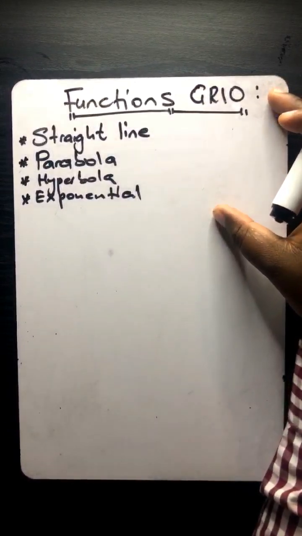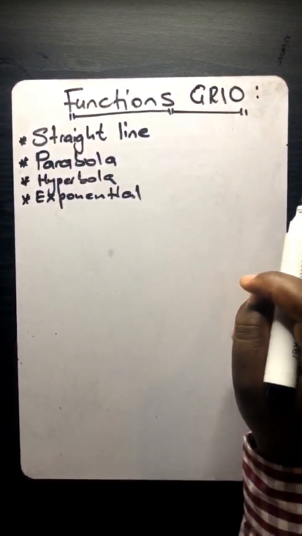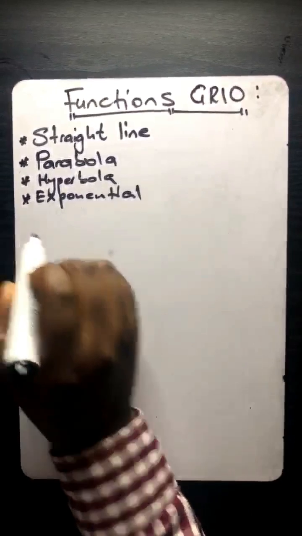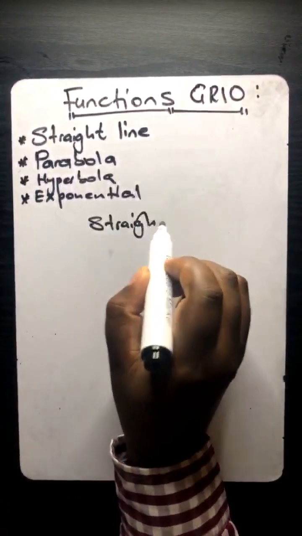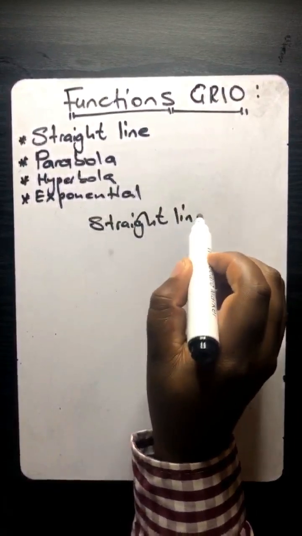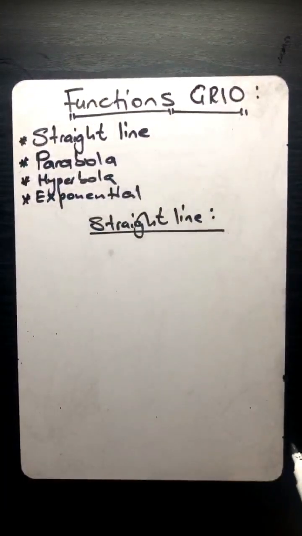Firstly, starting with a straight line. I'm going to explain all that you need to know regarding a straight line. Remember, do not allow me to continue without you fully understanding what I am explaining.